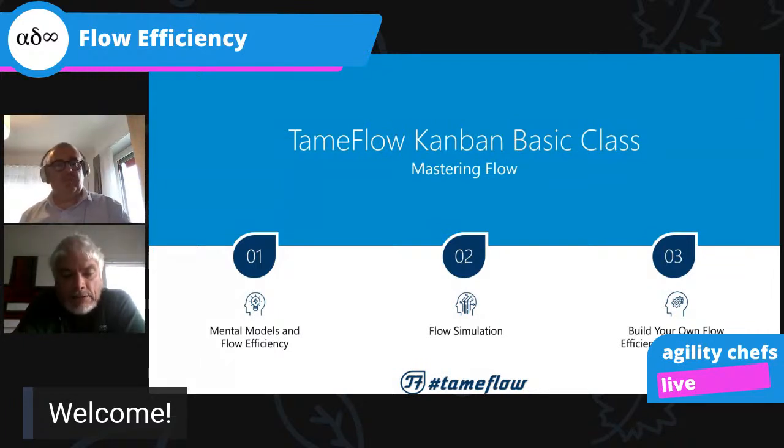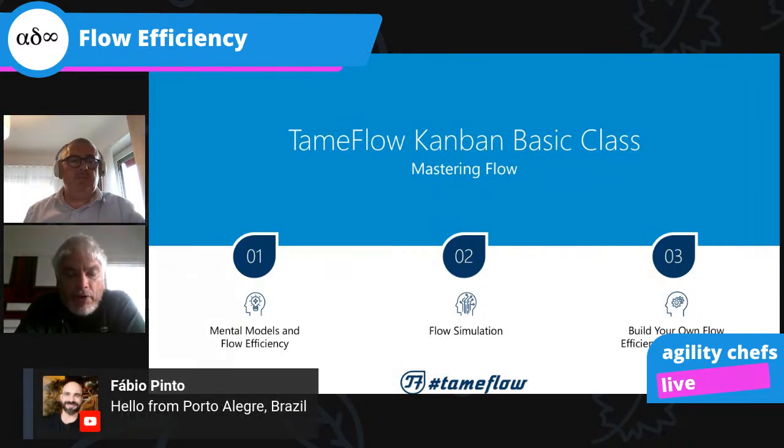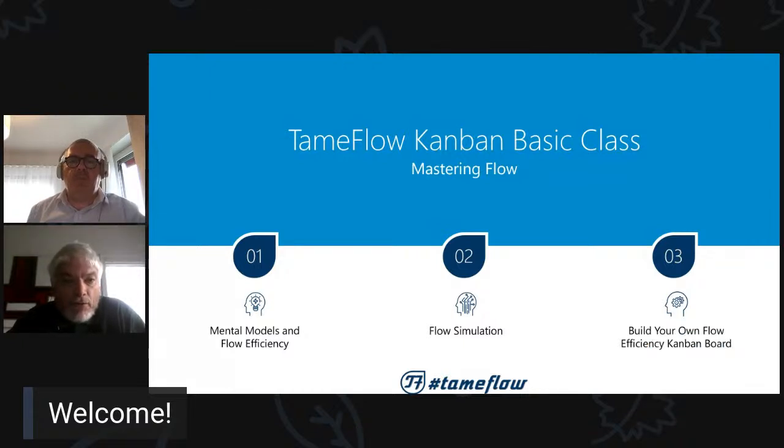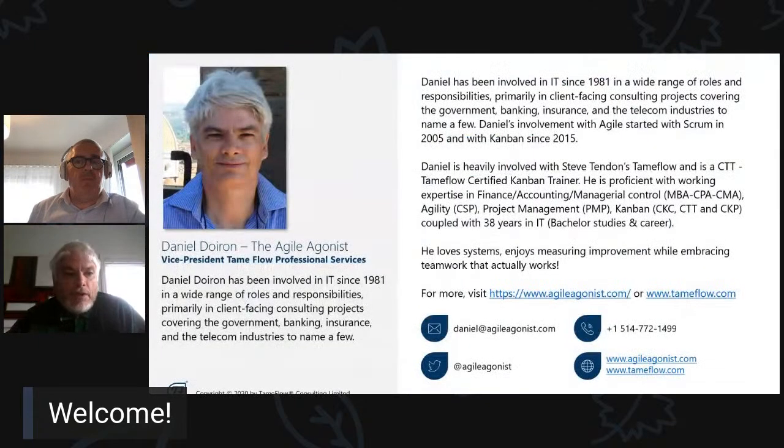And we have a one-day class on all the TameFlow Kanban boards, where you can see the flow efficiency board, the drum buffer rope board, the throughput management board, and the portfolio management board. Today, we'll see the mental models that we have, the flaws of those mental models, and how they impact flow efficiency negatively and how we can get out of this mess.